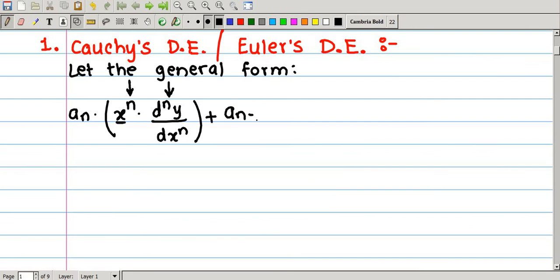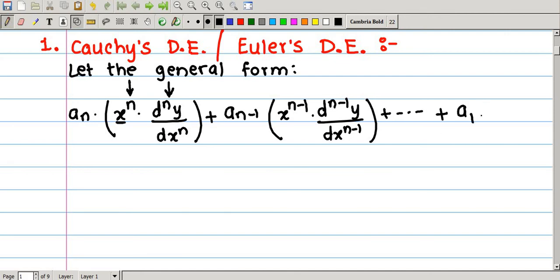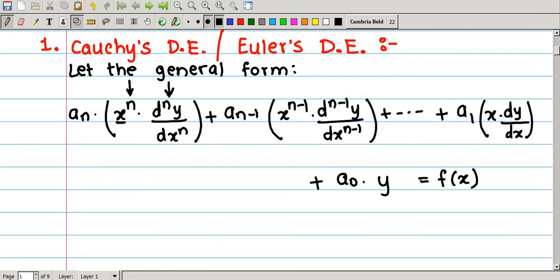Then an minus 1 x raised to n minus 1 is the coefficient of the n minus 1th order derivative of y with respect to x, and so on, plus a1, so x raised to 1 for the first order derivative of y with respect to x, plus a0y equal to f of x.